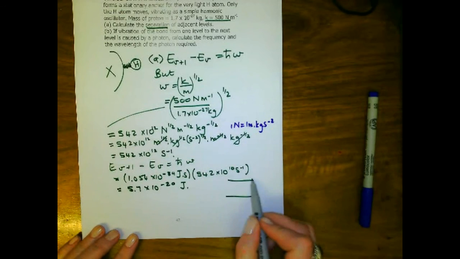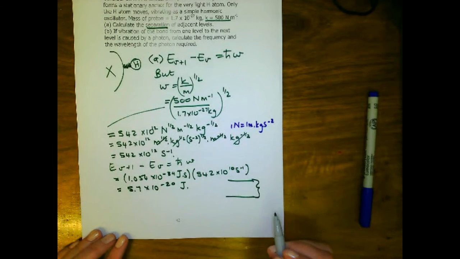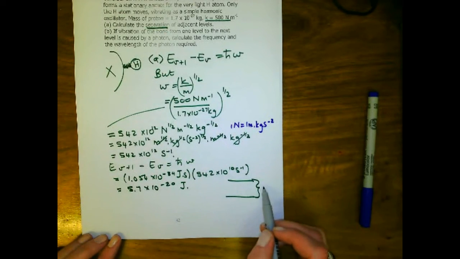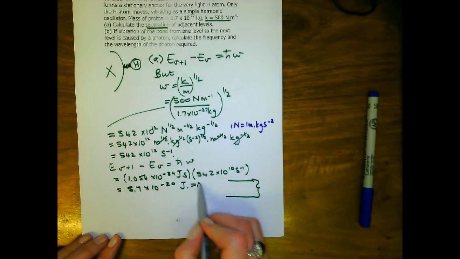So remember, this is the difference between two energy levels. It's not the energy of the level, it's the difference between the two energies. So we can call it the delta E.